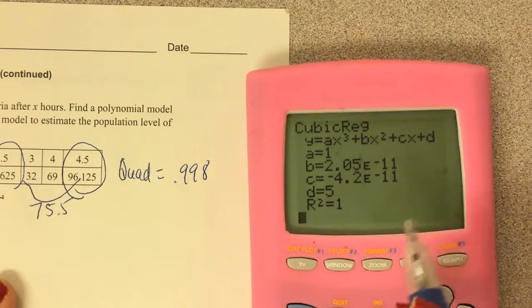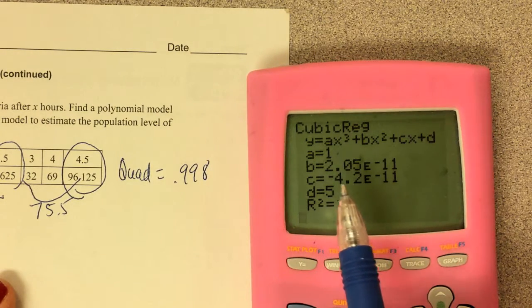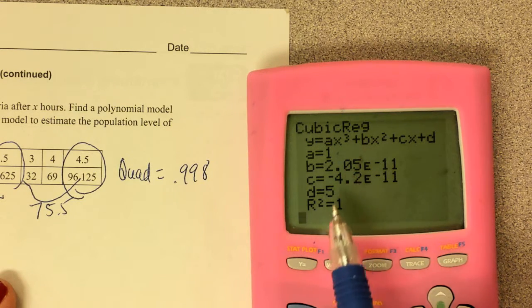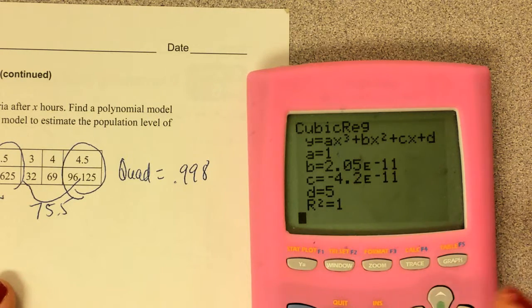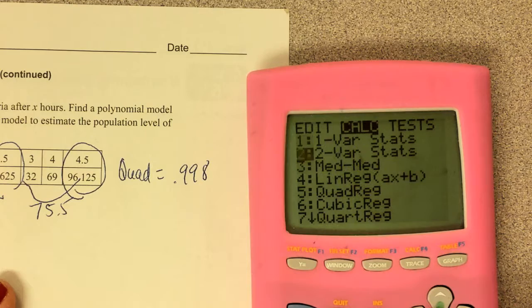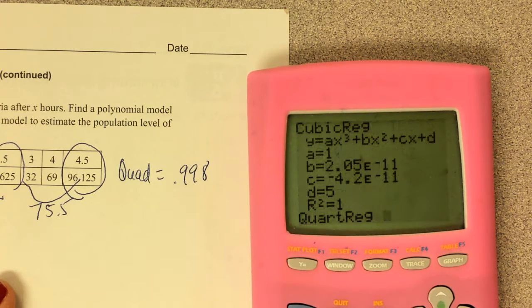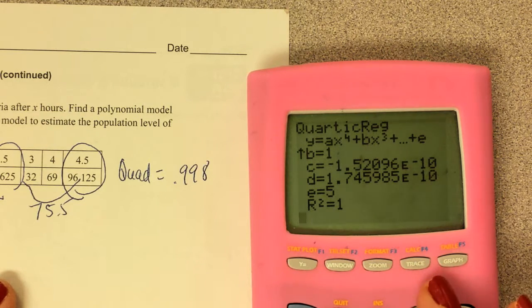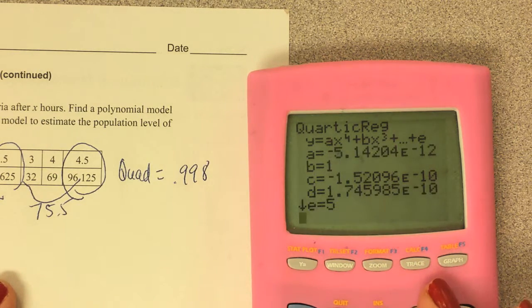Okay. That R-squared is 1, but look at the B and C. What are the B and C there? 0. Well, because that R-squared is better, we're going to have to go with the cubic. Let's just, to see, check a quartic too. Oh man, that's 1 as well.